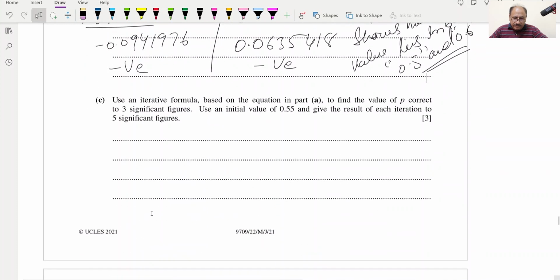C part says use an iterative formula based on the equation in part A to find the value of p correct to 3 significant figures. Use an initial value of 0.55, and give the result of each iteration to 5 significant figures. This is a 3 marks question. So we can take this equation, 1 over 2 sine 2p, with x also.